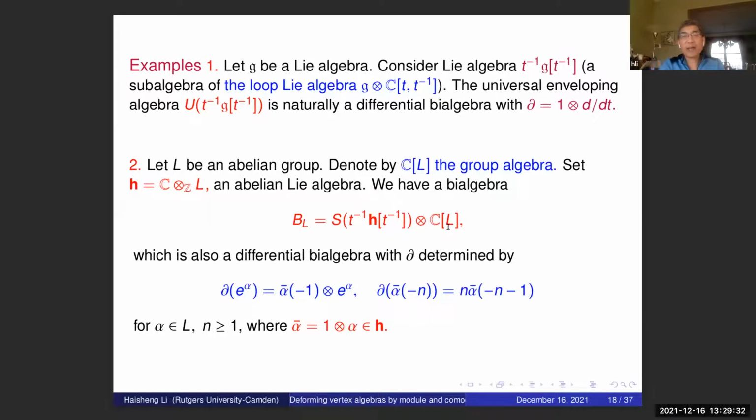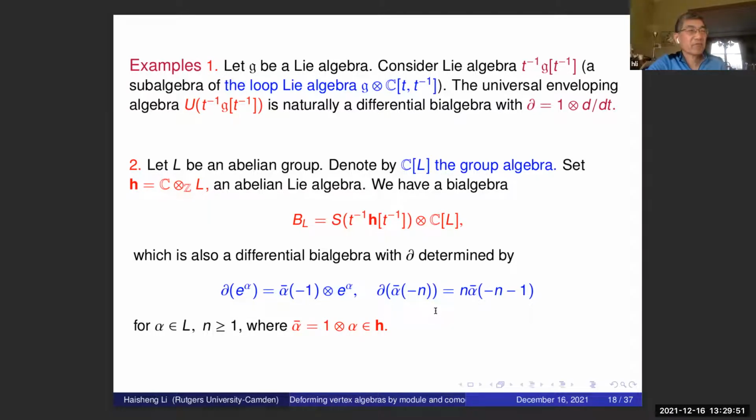Then tensor with the group algebra. So naturally, that is a bialgebra, actually also a Hopf algebra. And also we have a derivation. Okay.